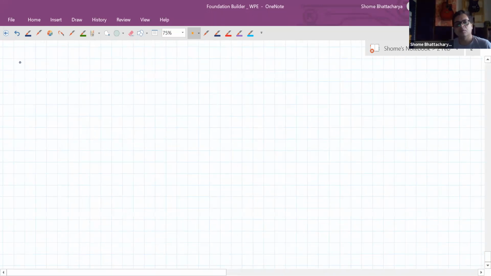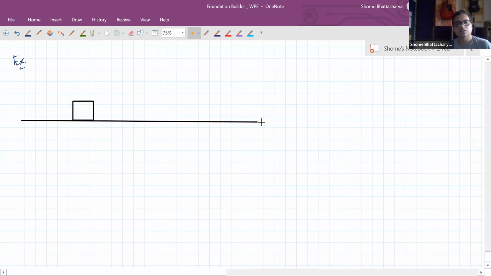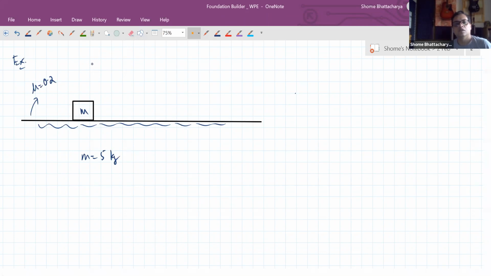So for example, we have a situation like this, let's say, that a block is placed on a rough surface. This surface has a coefficient of friction equal to 0.2. The mass of the block is 5 kg. Okay. And it's at rest at t equal to 0.